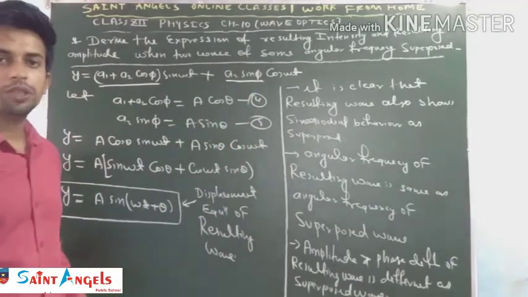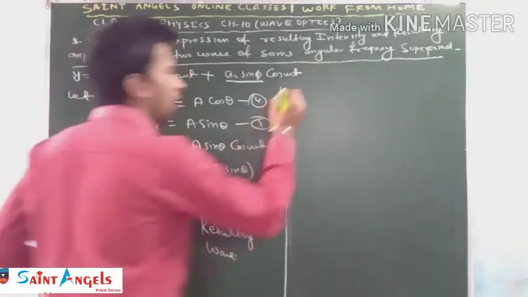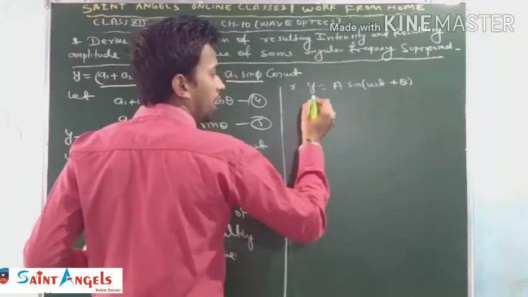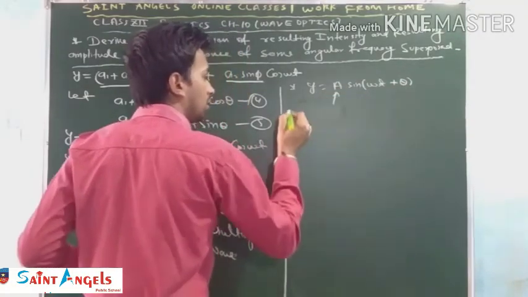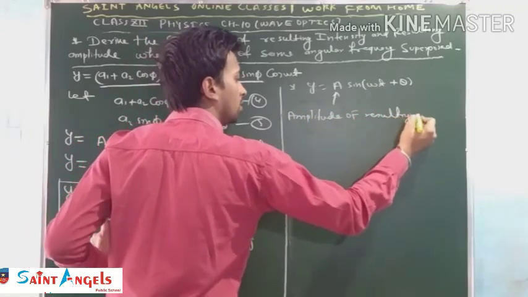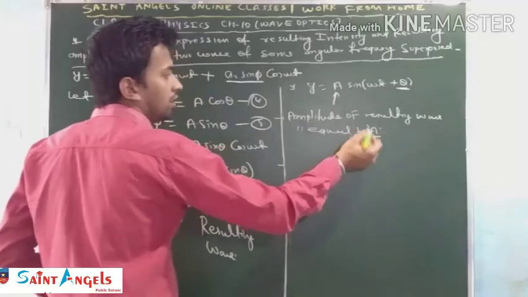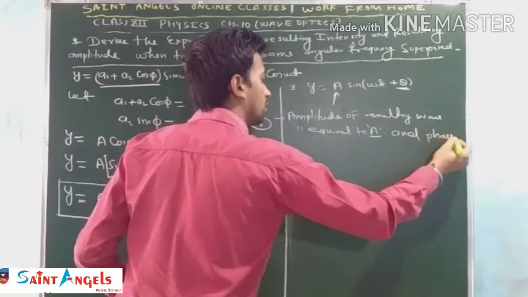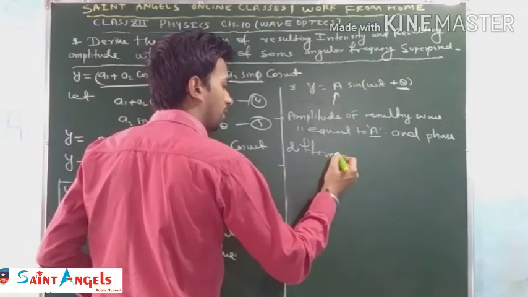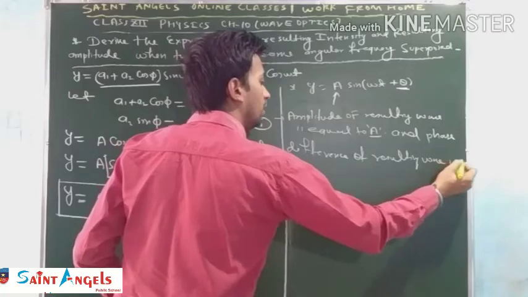Now pause the video and note it in your notebook. Student, it is clear from the displacement equation of the resulting wave, y equal to a sin (omega t plus theta), that the amplitude of the resulting wave is a, and the phase of the resulting wave is theta.